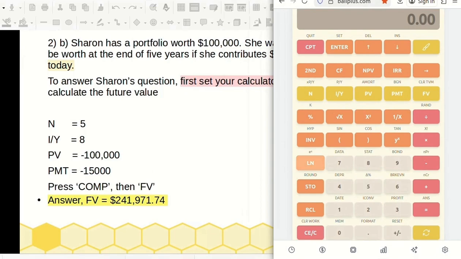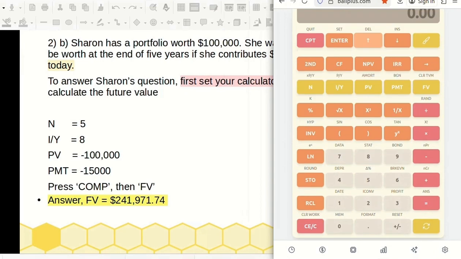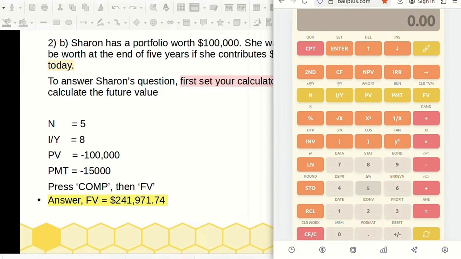So take the calculator, clear your memory, and since we already have the BGN mode activated, we can just go on. So 5 is your N. Your rate of interest is 8. $100,000 minus, okay, that is your present value.